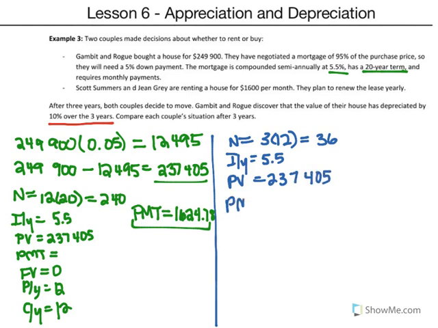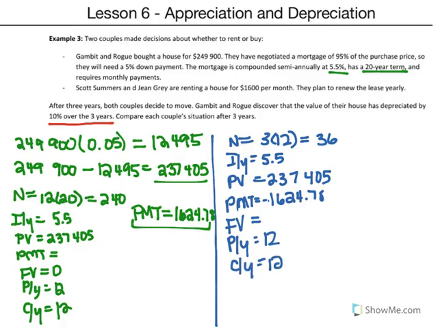But now we know how much the payments are. So we know our payments are $1,624.78, and remember we have to put that in as a negative. Our future value is what we're looking for, how much is left on the mortgage. Our payments per year are 12.